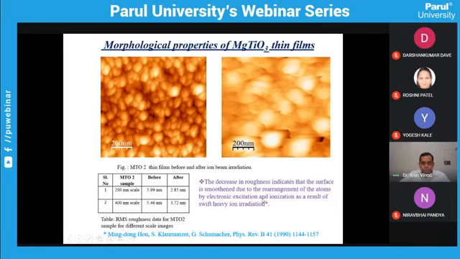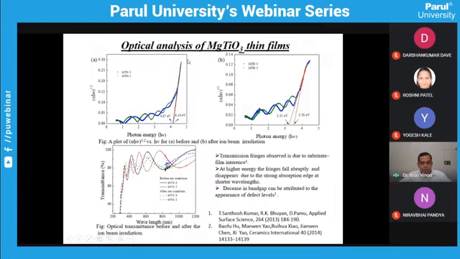In the case of optical analysis of MgTiO3 thin films, we have seen that the band gap decreased with the irradiation. In the as-deposited case it was 4.7 and 4.1, but in the irradiated case it decreased to 3.2 and 3.5.